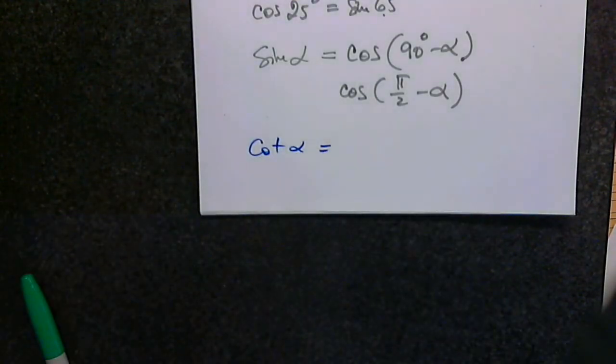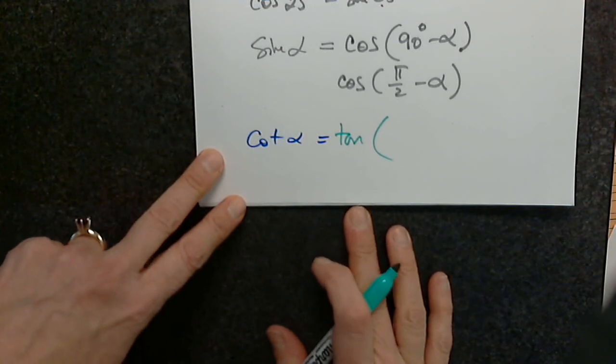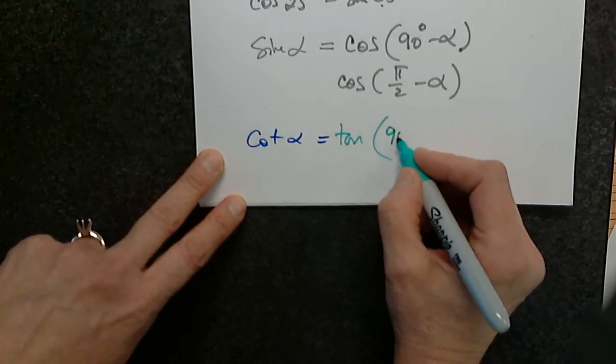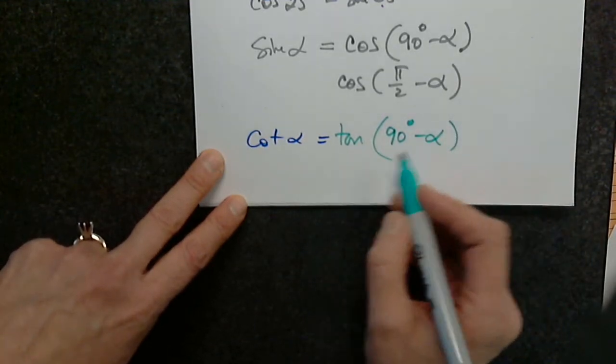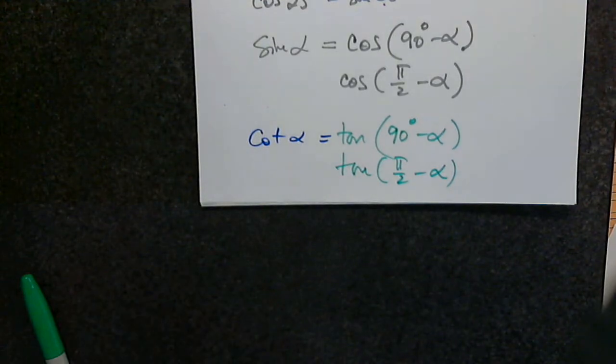So please give me the identity or the cofunction identity for cotangent. Yes, tangent of? Yes, or if you want, tangent pi over 2 minus alpha, because we know 90 and pi over 2 mean the same thing.